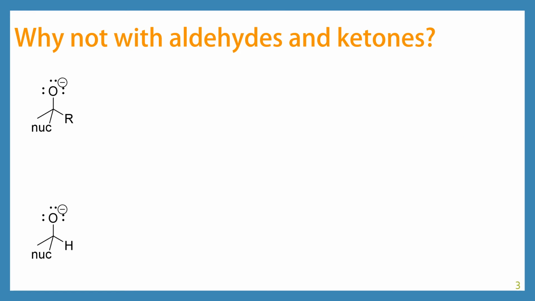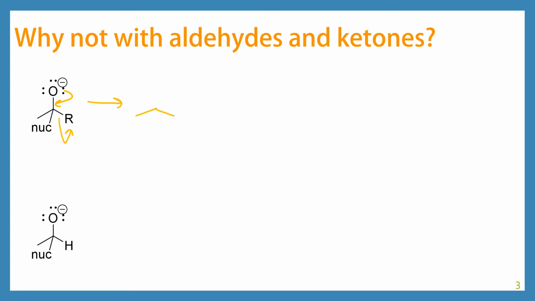So the question becomes, why don't we do this elimination step with aldehydes and ketones? Why do we take this tetrahedral intermediate and protonate it rather than kicking out a leaving group? And the issue is just the identity of the leaving group. Imagine that the electrons in this molecule came down to reform a pi bond between the oxygen and the carbonyl carbon and kicked out this R group.